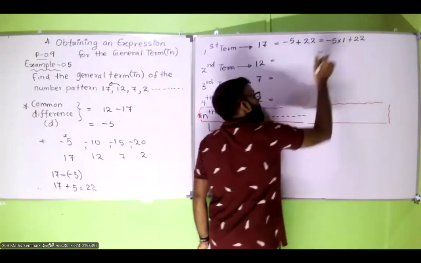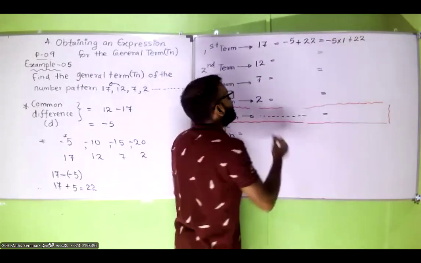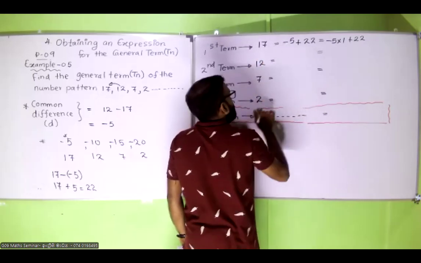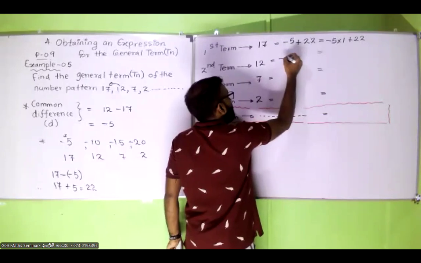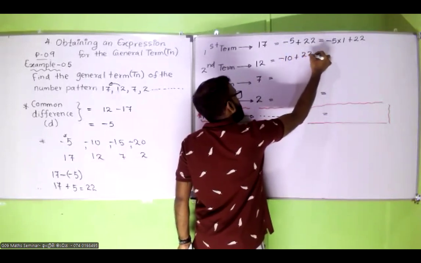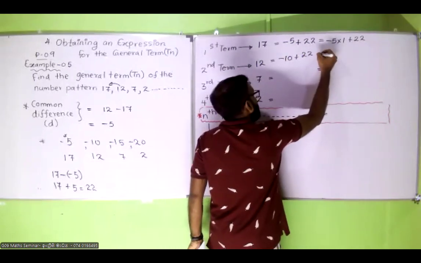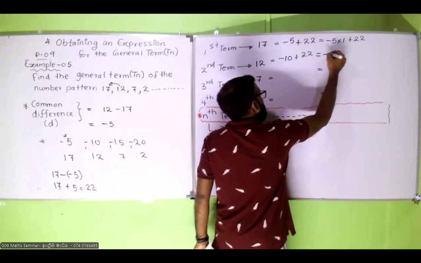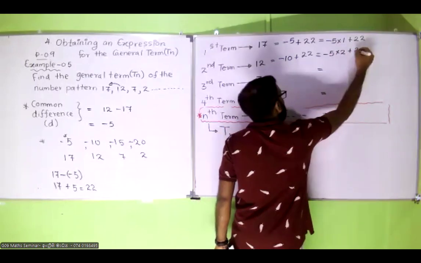Now by looking at this, you can write down the Tn. Very easy. For 12, what is the corresponding term? Negative 10. Negative 10 plus 22 gives 12. Negative 10 can be written as negative 5 times 2 plus 22.